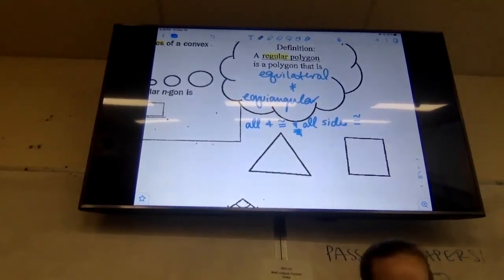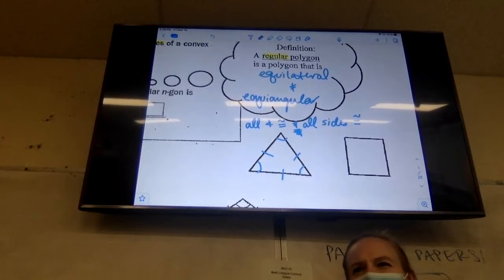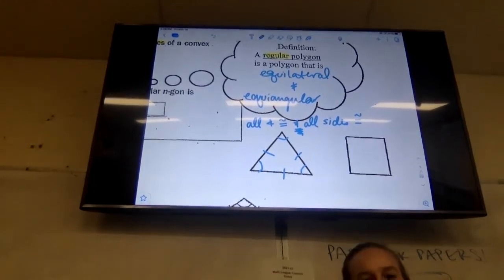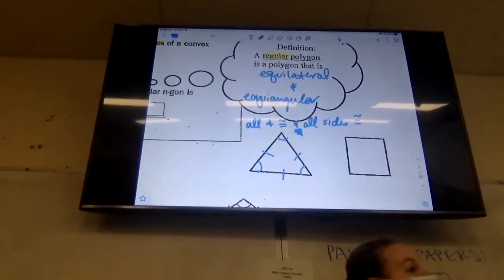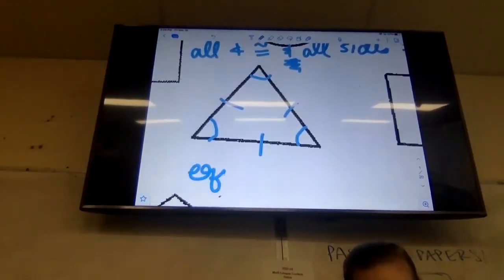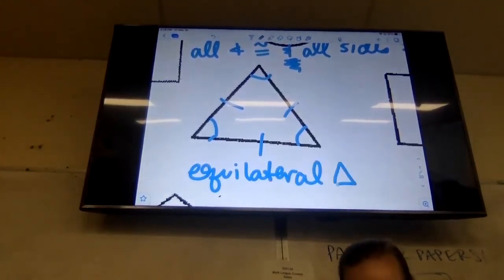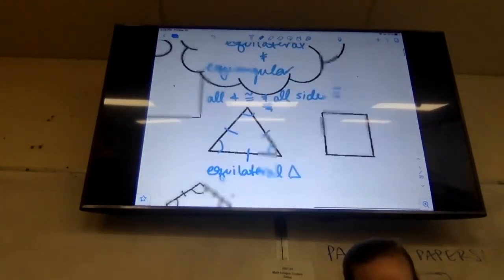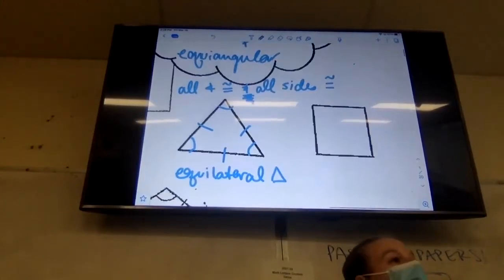So in these, all my sides are the same and all my angles are the same. Do you remember what we call a triangle that has all the same sides and all the same angles? Equilateral. We decided they're going to be called equilateral triangles.